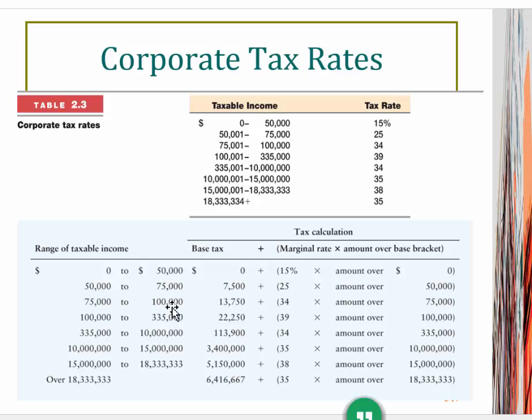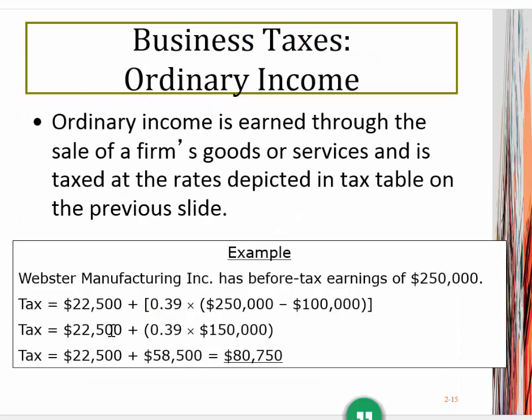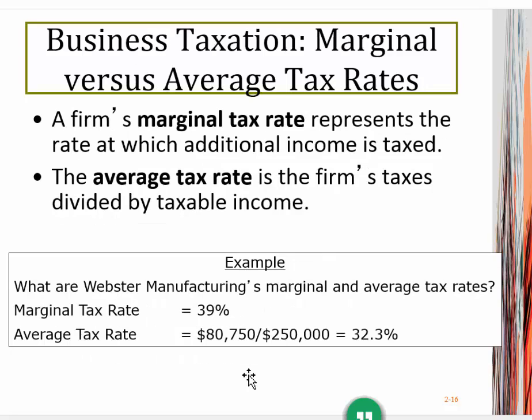Now that represents all the tax from the first three rows plus 39% of the excess over 100,000. So that's our calculation right here. The total tax paid would be $80,750. It's a pretty easy calculation. That blue table makes it pretty easy to follow.